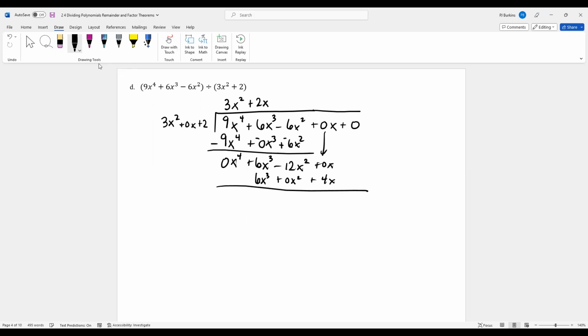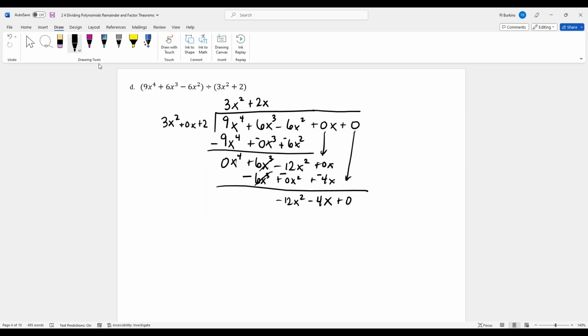Change the sign of everything. My first terms cancel, which they should. Then I have minus 12x squared minus 4x. And I'll go ahead and bring this down while we're at it. I need a number that makes 3x squared go into minus 12x squared.